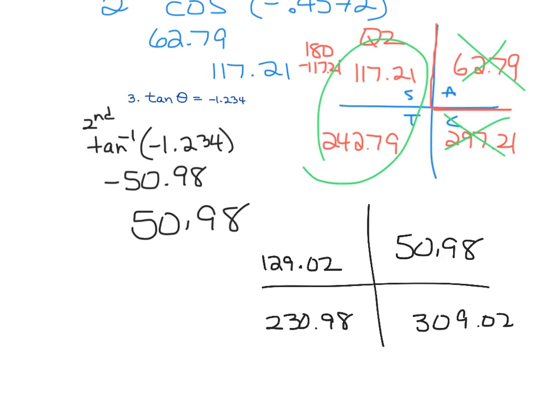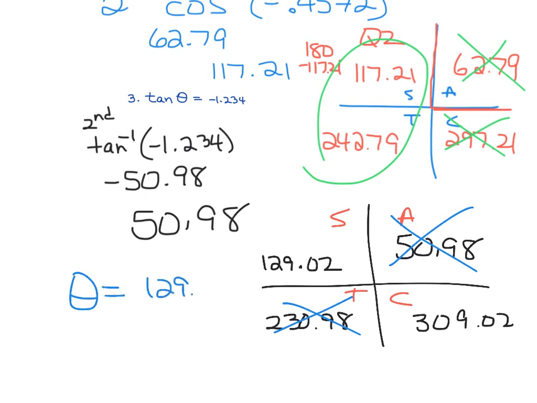Again, I need to do my all students take calculus, and I need to figure out where tangent is negative. So it's positive here, and it's positive here. So my answers are theta can be 129.02 and 309.02. Those are my two answers for theta.